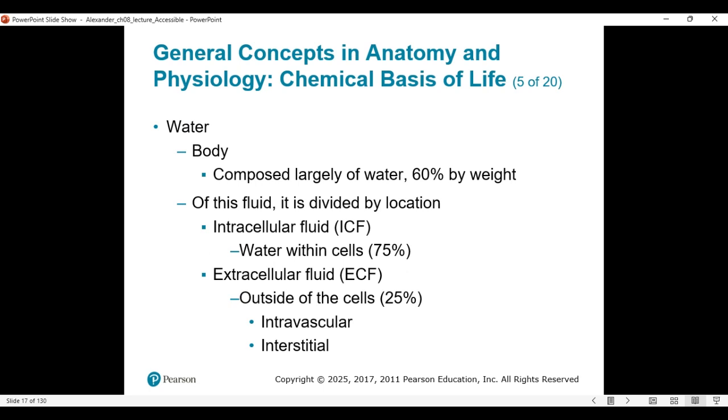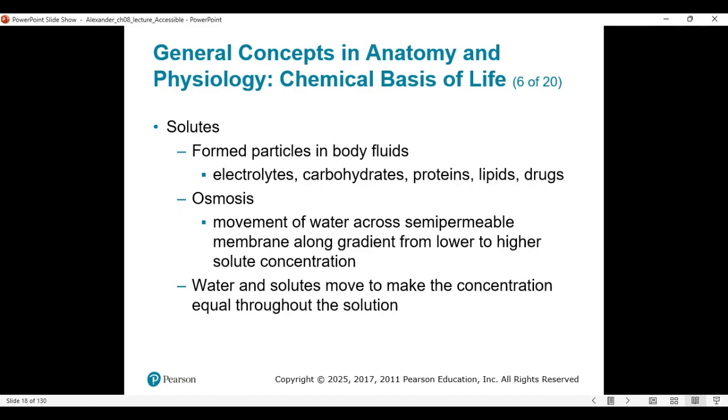That's the space in between, like the capillary bed and the cell membrane. It's also sometimes referred to as the third spacing, and I will probably refer to it as the third spacing from here on out.